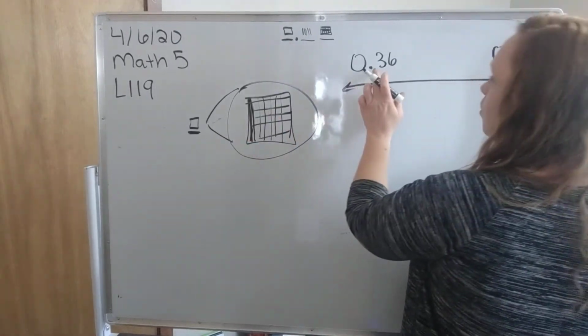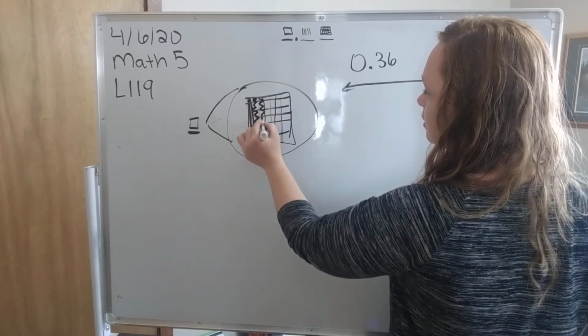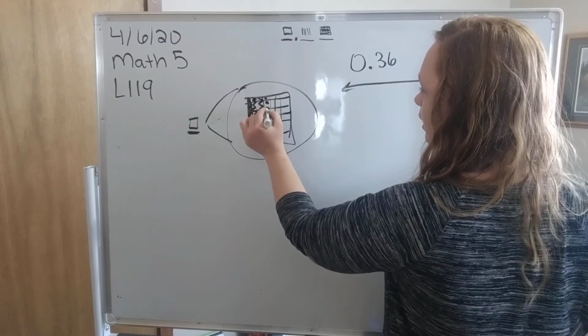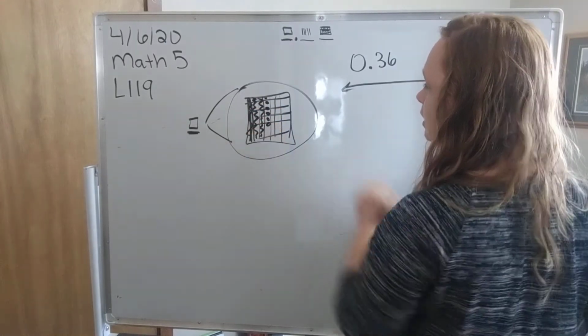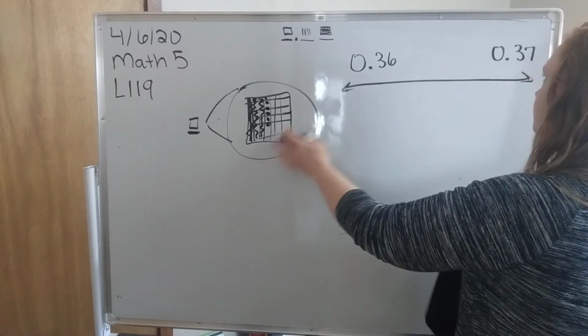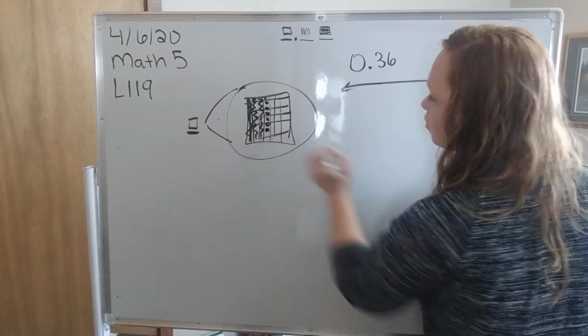And I say, okay, well, what is 36 hundredths? Well, it's 3 tens. Let's color in all 3. And then it's 1, 2, 3, 4, 5, 6. So we have 36 hundredths colored in. Well, what is 37 hundredths? Well, 37 hundredths is just 1 more.